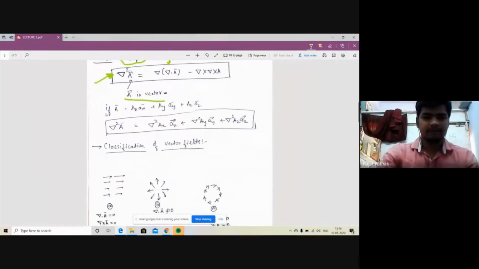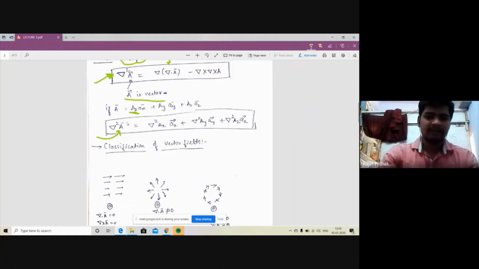If A is equal to Ax unit vector plus Ay unit vector plus Az unit vector, and you want to calculate del square A, then it is del square Ax in the x direction, the coefficient of the vector A, plus del square Ay unit vector plus del square Az unit vector.